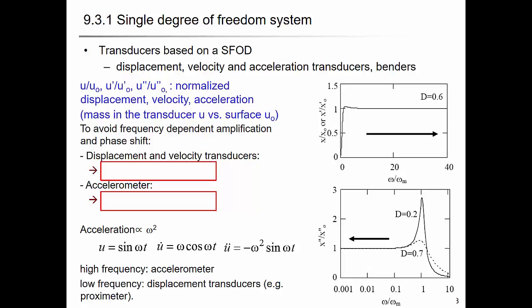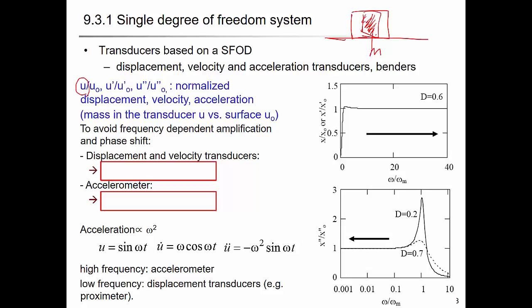Right? If we normalize the, so here U is the mass in the transducer. For example, in the accelerometer, inside you have a quartz crystal that generates the voltage or the current, and this is the mass M, attached at the ground surface.